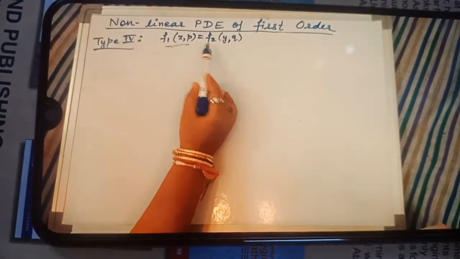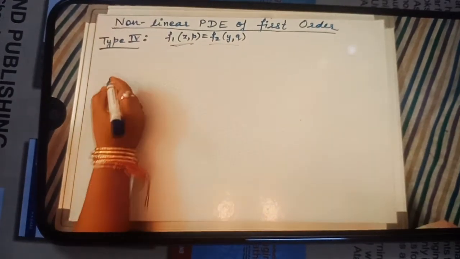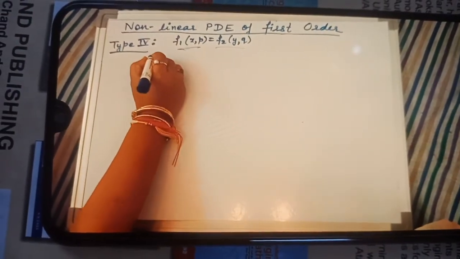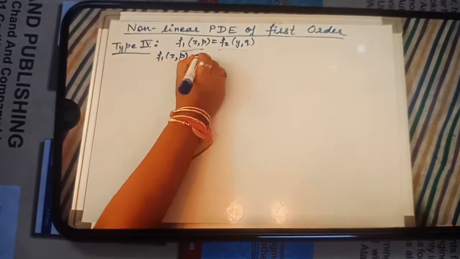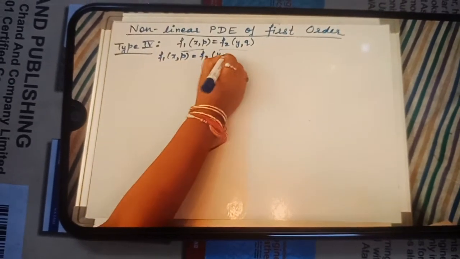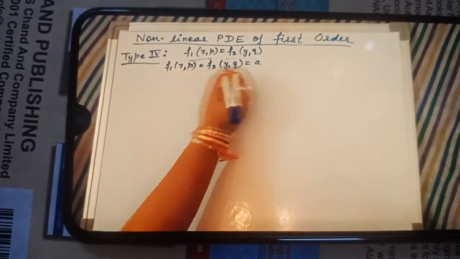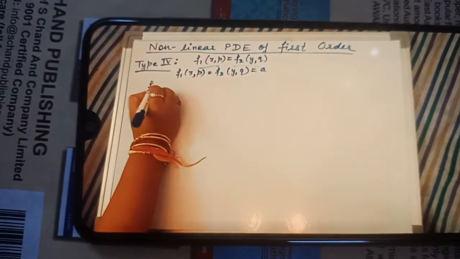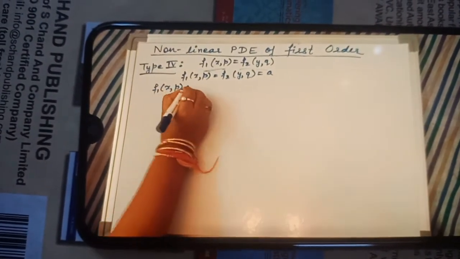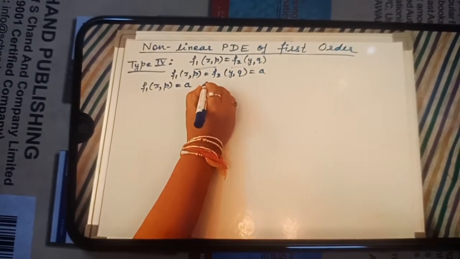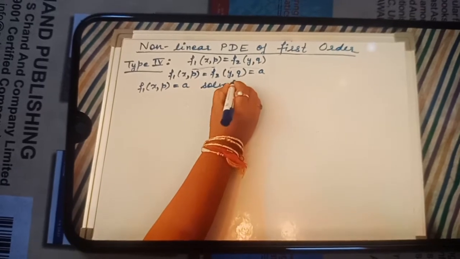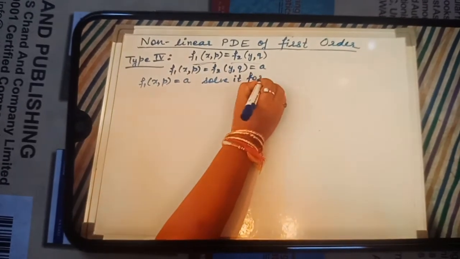We can write in this form. Okay. So in this method we will assume that f1(x, p) is equal to f2(y, q) is equal to some constant a. Okay. Then we will take the equation f1(x, p) is equal to a, and we solve it for p.